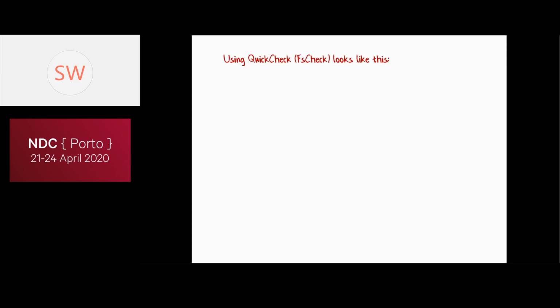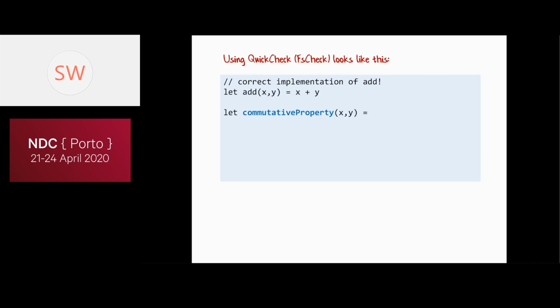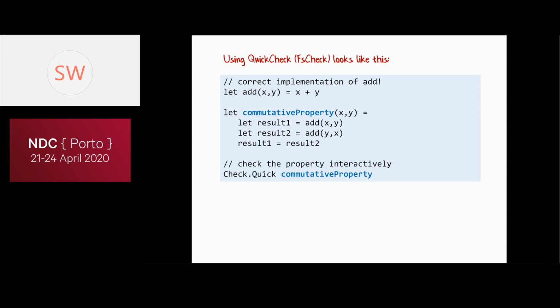So let's start off with showing you some code. Here is our correct implementation of add using the built-in library. Here's our property that should always be true no matter what the inputs are. Then in F#, which is what I'm using, you just say check this property using the built-in QuickCheck library.